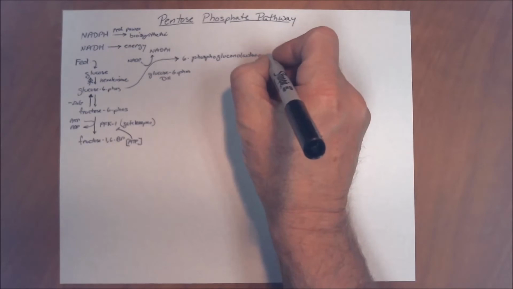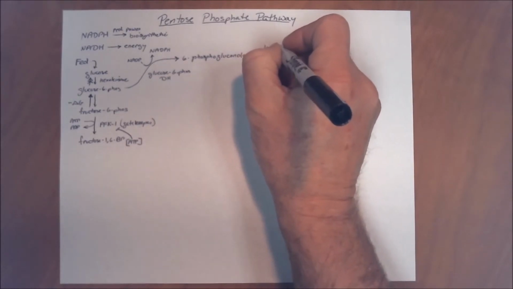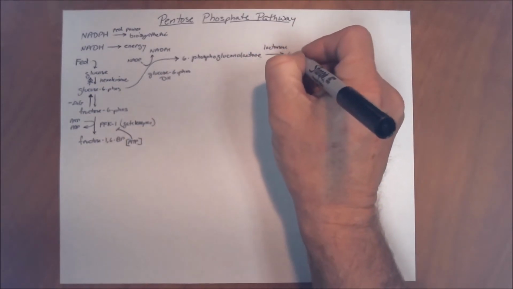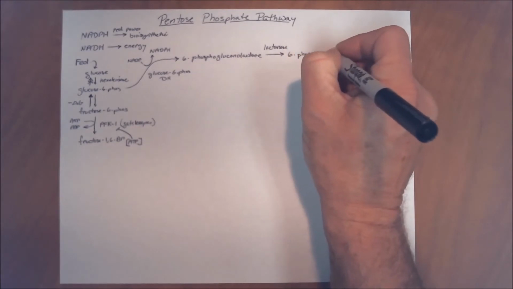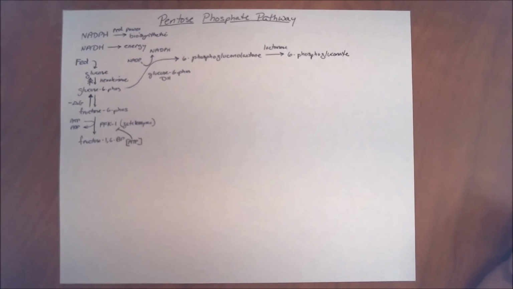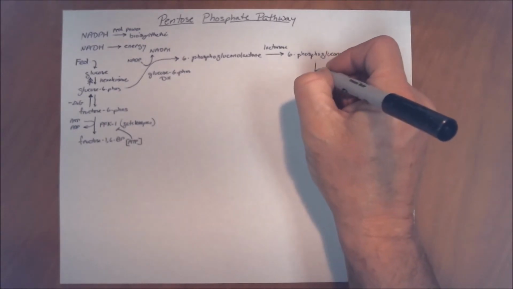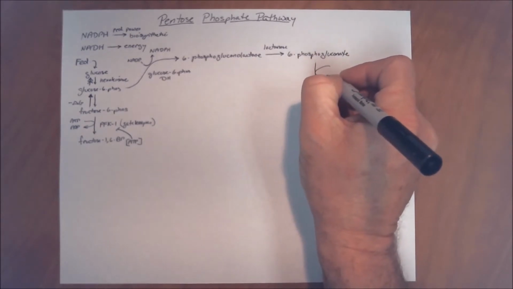The next step here is lactonase, and we are going to form 6-phosphogluconate. Now at this point, we are going to be generating our second and final NADPH.